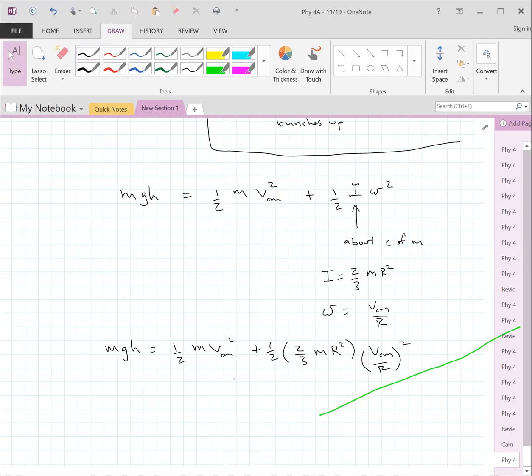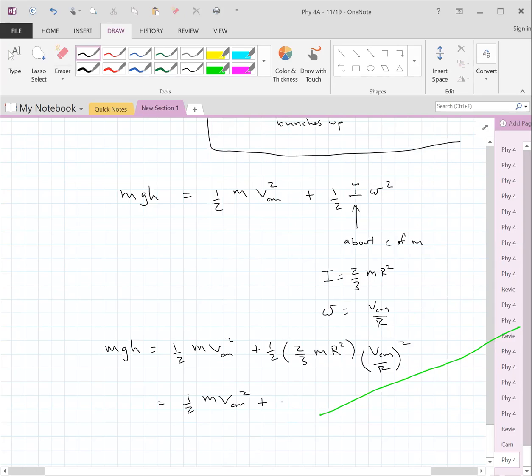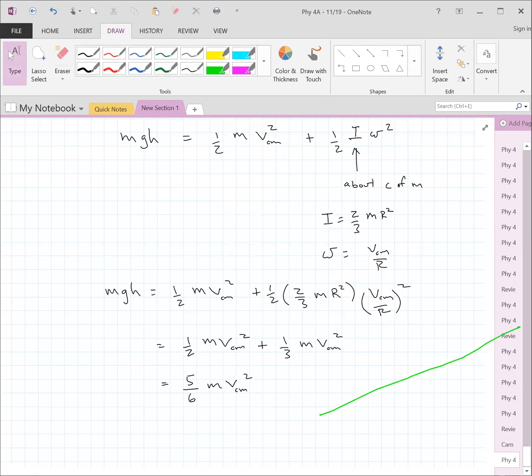And so what do I end up with? I end up with the 1/2 m v center of mass squared plus a 1/3 mv squared. That's 5/6. And then I can solve for v center of mass.